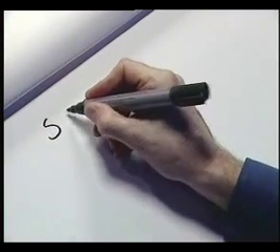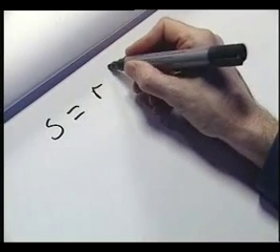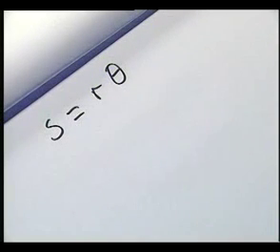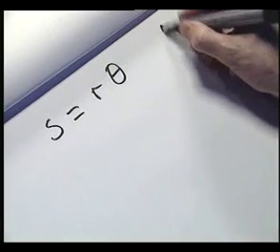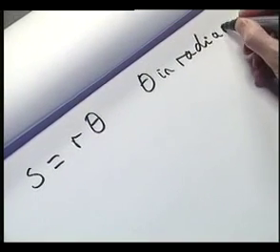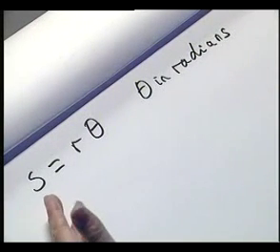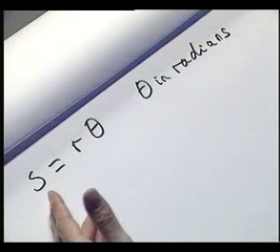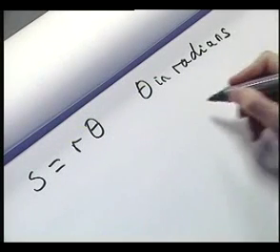So, we've got our formula S equals r theta, where S is the arc length and theta is in radians. What's the formula for S if theta is in degrees?